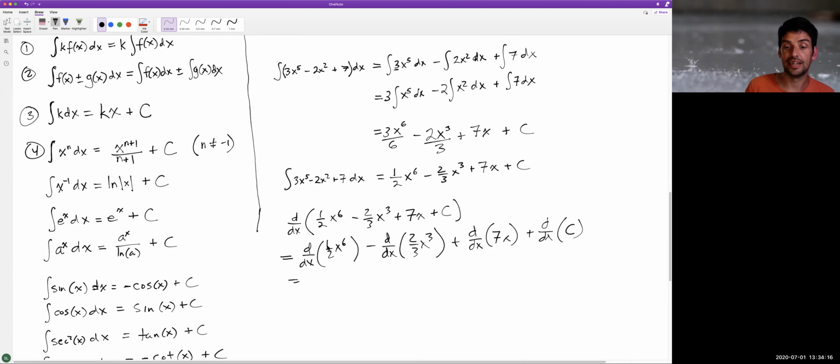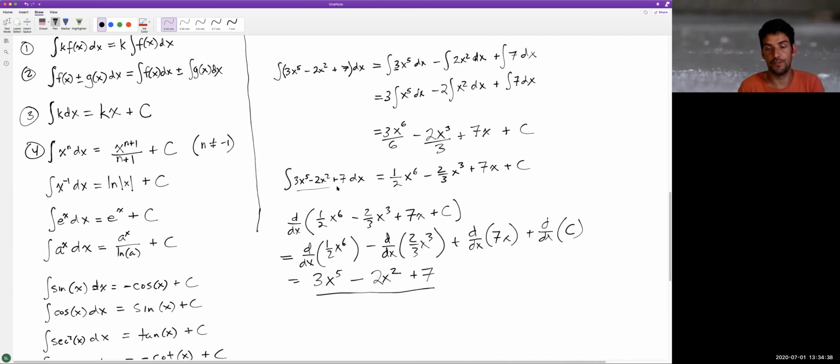I pull the 6 down. 6 times 1/2 gives me 3, and I've got x to the 5th. Take the derivative of x cubed. I pull the 3 down, multiplied by 2/3 gives me a 2, and I lower my power by 1. I get 2x squared. The derivative of 7x is 7, and the derivative of a constant is 0. And we see indeed that what we got was the function we were taking the antiderivative of.